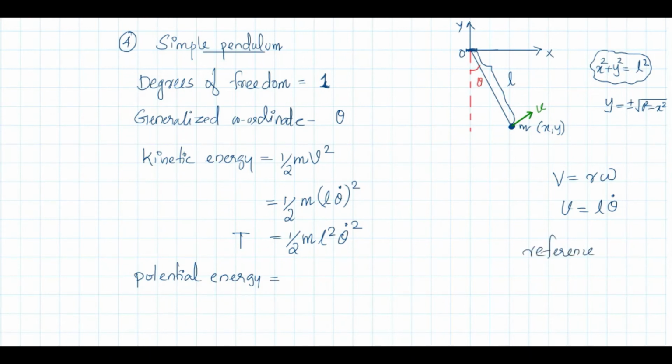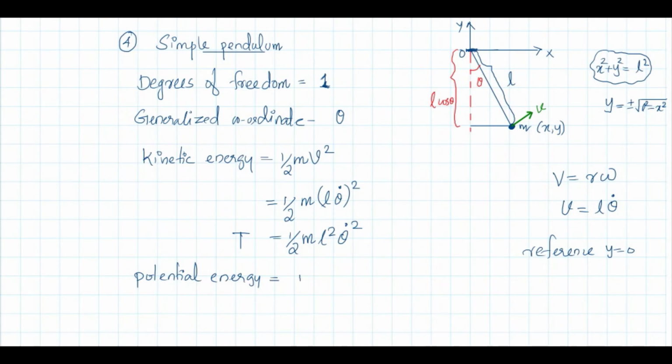With respect to this reference, what is the present vertical position? It is nothing but L cos theta, because this string has length L. If you draw a right angle triangle like this, the adjacent side to theta will be L cos theta, because cos theta is adjacent side by hypotenuse, so the adjacent side is hypotenuse into cos theta.